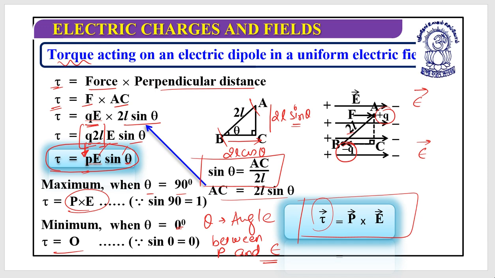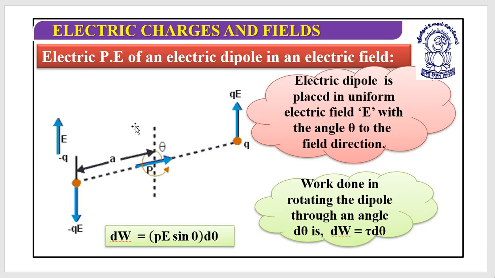Now let's find out, if we try to rotate the dipole, what would be the energy stored in the electric dipole, or rather what amount of work done would be needed. Let's look at the situation. This is our dipole, this is minus q, this is plus q, and this is the separation between these two charges.